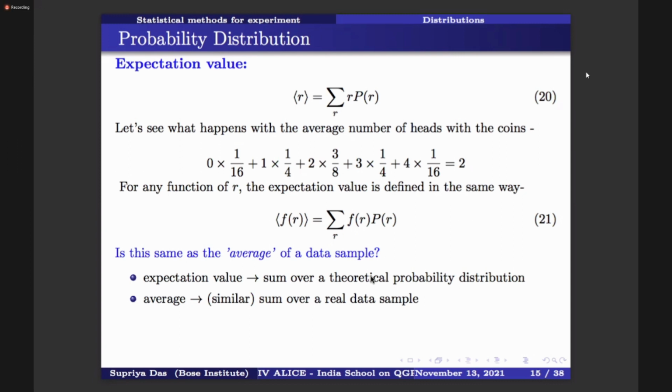So when you deal with two different things, be careful to call them by the right name. If you are dealing with a theoretical probability distribution, don't talk about average or mean. It is the expectation value. And when you are dealing with a real data sample, it is always the average.